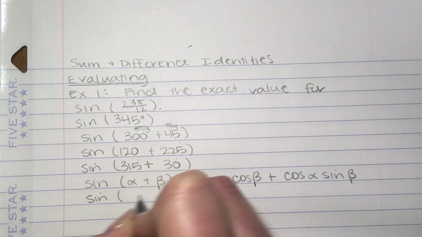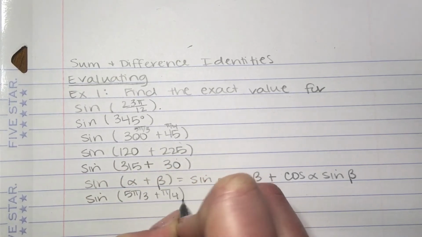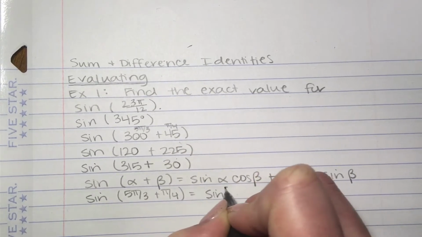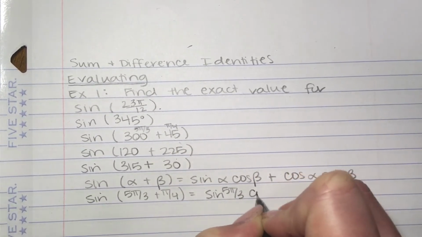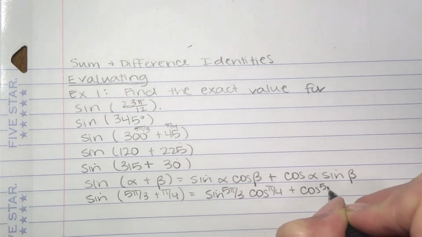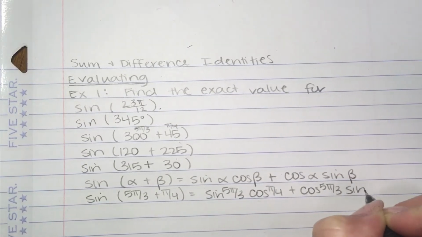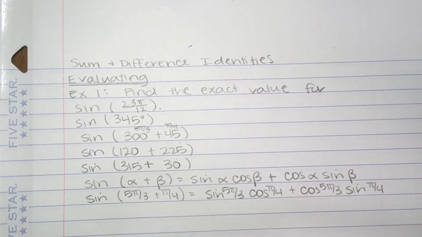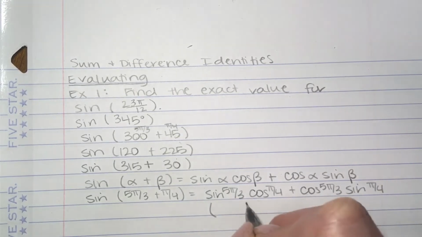So I'm going to say that this is sine of 5 pi thirds plus pi fourths, which is sine of 5 pi thirds cos of pi fourths plus cos of 5 pi thirds sine of pi fourths. And then we just look at our unit circle.